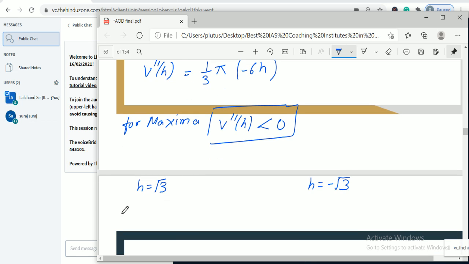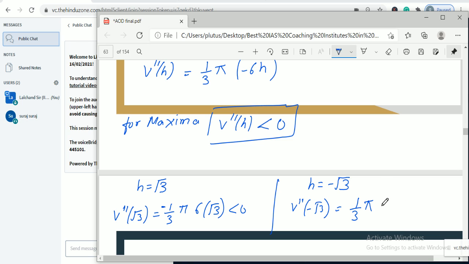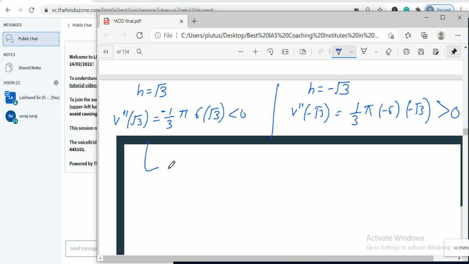For root 3, this will be 1 by 3 pi into minus 6 into root 3, so this is negative. For minus root 3, 1 by 3 pi into minus 6 into minus root 3, so this is positive, greater than 0. So our point of maxima is h equal to root 3.